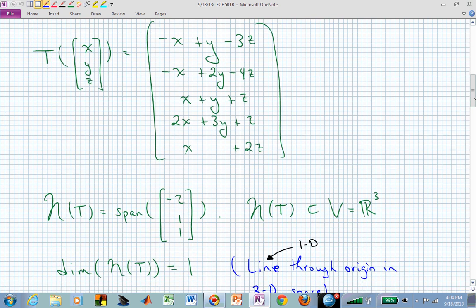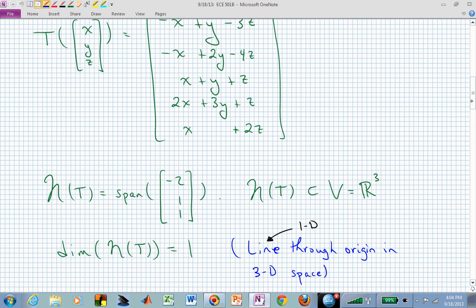Here is our linear map, and we found last time, maybe not directly, but you could do the row reduction on a matrix relative to this linear map and find that a 3-vector equaling -2, 1, 1 is actually spanning the null space of that linear map T. If you pick an x value, a y value, and a z value with this relationship among their values, minus 2 times x, 1 times y, and 1 times z, if you're living on that line in this three-dimensional space, you plug those values for x, y, and z into this map, and you'll get the zero vector.